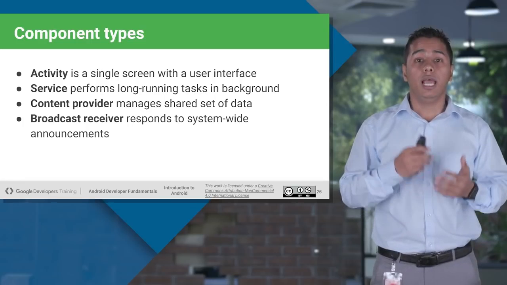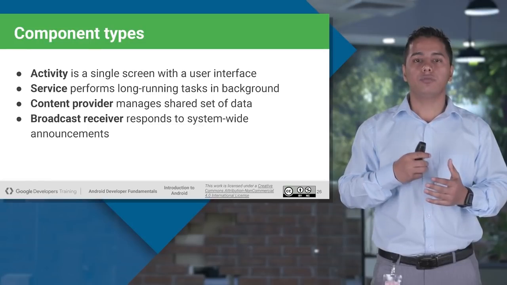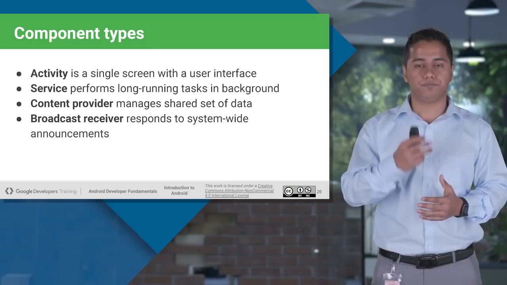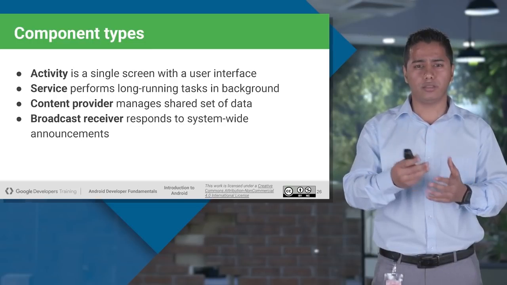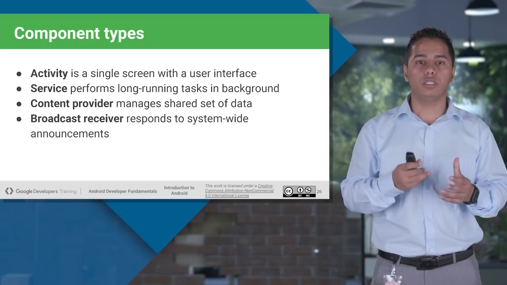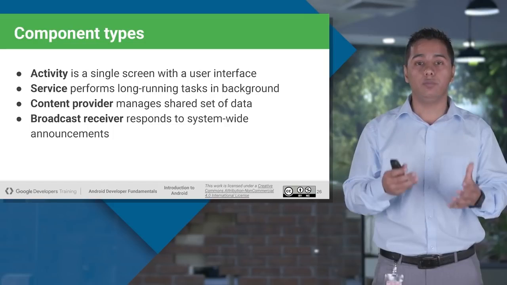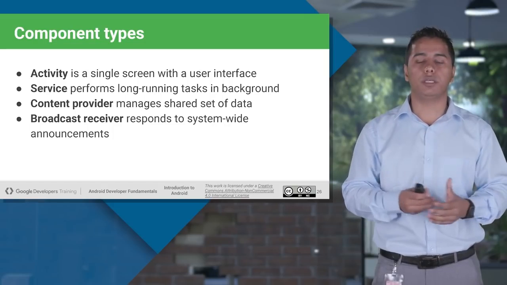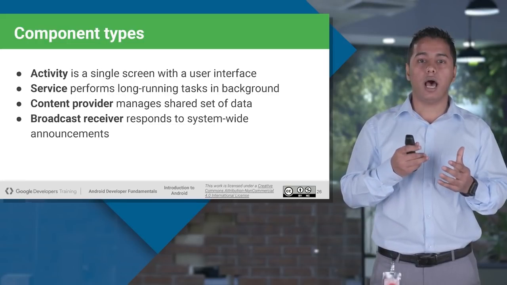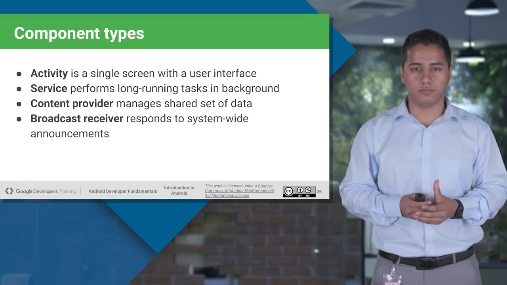Content provider. In Android, two applications cannot share data because of the Linux kernel, which provides a sandbox model under the hood. So how can you share the data? That's when the content provider comes in. Content providers are the mechanism, or you can say classes, which help you share data between two applications. Broadcast receivers are the classes which listen for a particular set of messages.